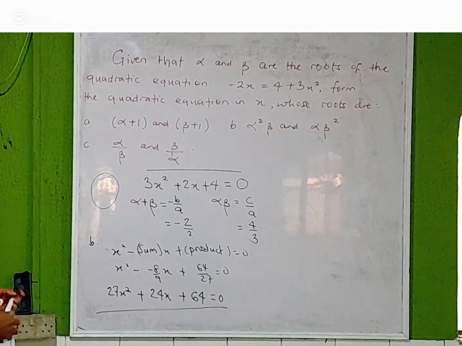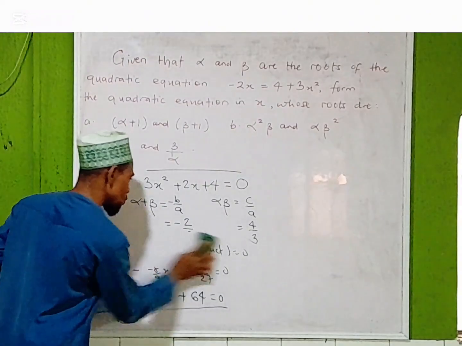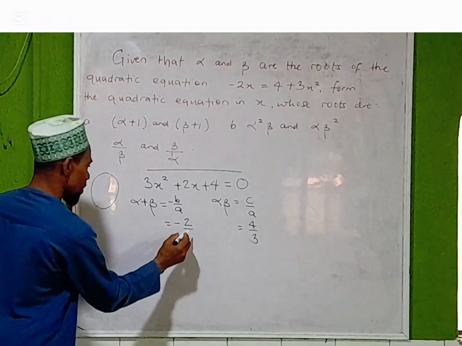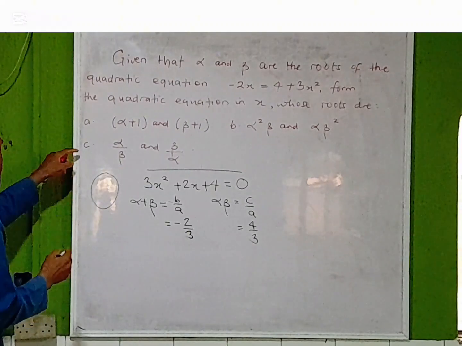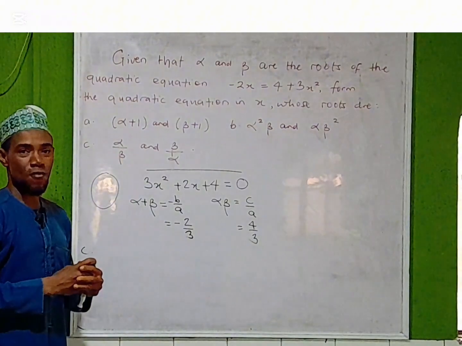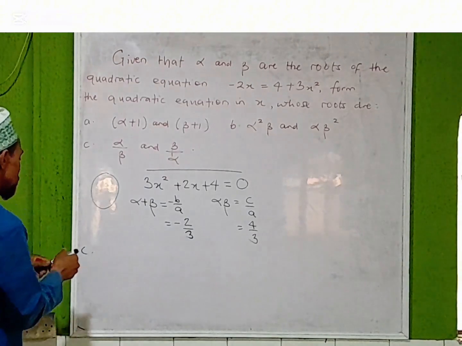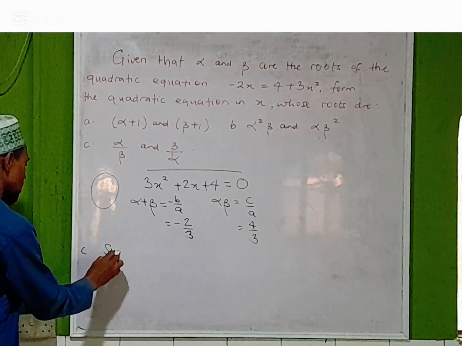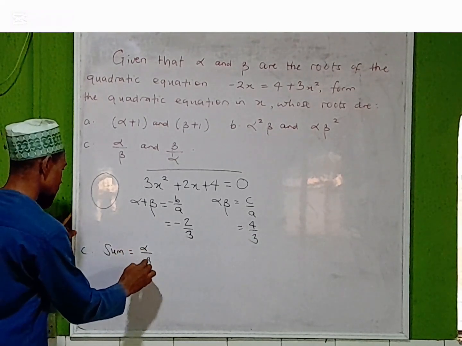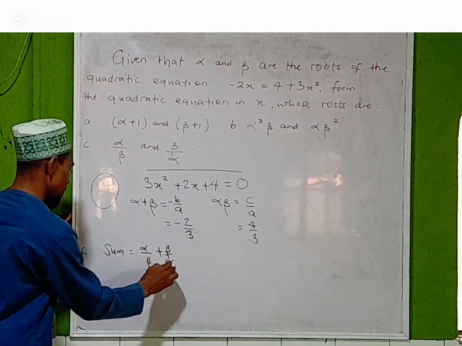Let's take the last one to cap it off. So we have here that this time around, the roots are alpha over beta and beta over alpha. So don't forget that all you need to do as usual is to compute the sum and the product. The sum here is alpha over beta plus beta over alpha.